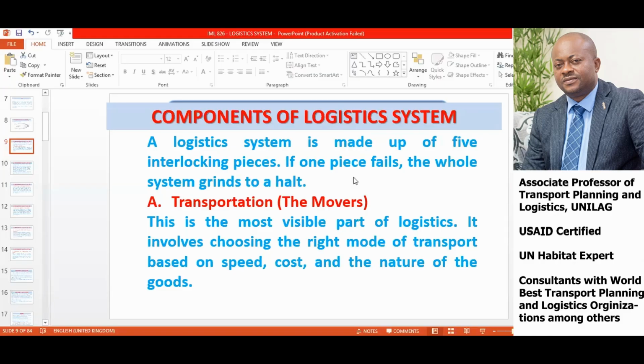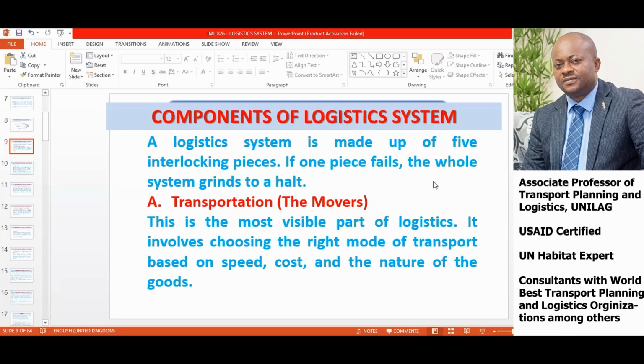It is in this direction that I present to you the first component of the logistics system, which is the movers. When I say the movers, I'm talking about the most visible part of logistics, the part that people see more often.